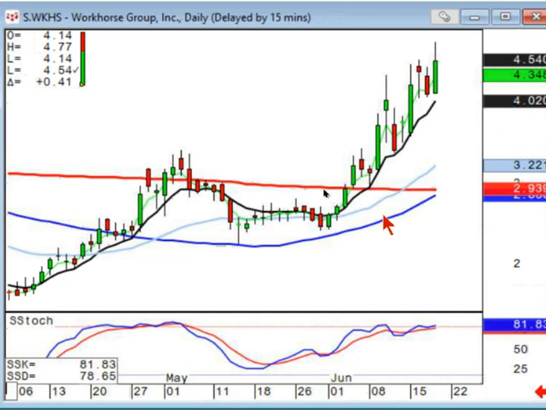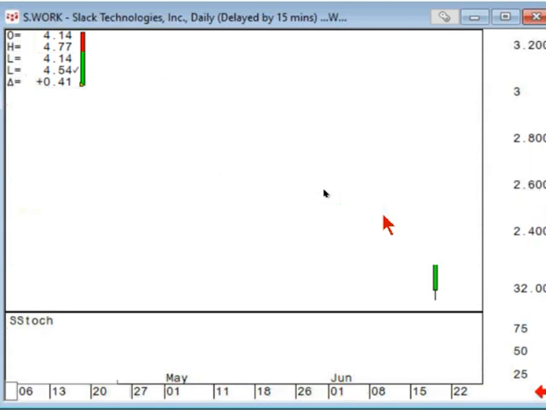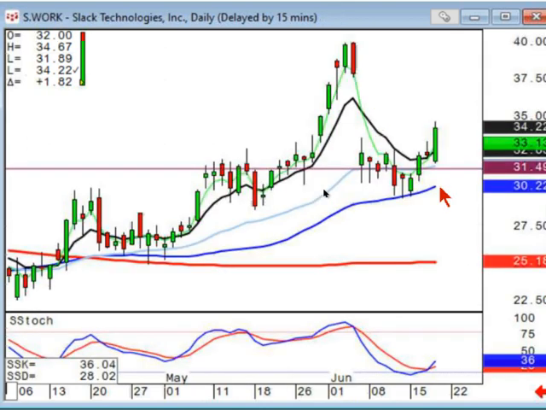Workhorse, just stay long as long as it stays above the T line. Work still looks like it's going to come up and fill this gap. Got a nice bullish signal coming back up above the T line. Look for it to go to the $38 range.